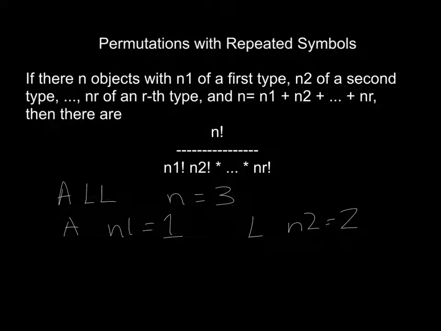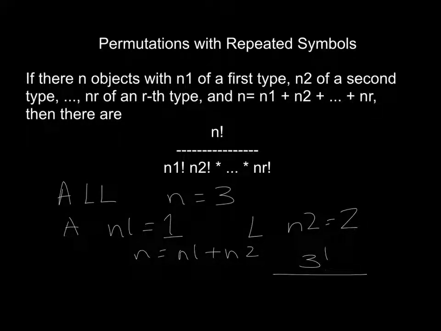So here we have n equal to n1 plus n2, just like this requirement here. And then our formula would tell us there are n factorial divided by 1 factorial times 2 factorial, which is equal to 6 divided by 2, which is equal to 3, which is what we got in our last example.